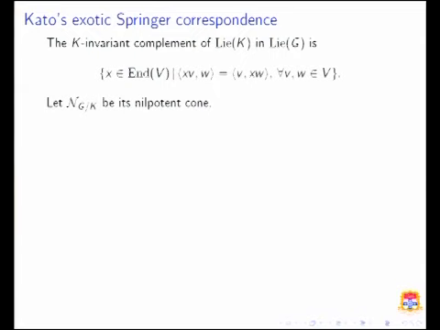So again, there's something slightly unsatisfactory about this. Kato's exotic Springer correspondence is a different version of this kind of idea, where a lot of these complications go away. What he does is consider a different representation of the group, first of all. You look at the K-invariant complement of the Lie algebra inside the Lie algebra of this bigger group, the general linear group G. In other words, instead of taking anti-self-adjoint endomorphisms, you take self-adjoint endomorphisms.